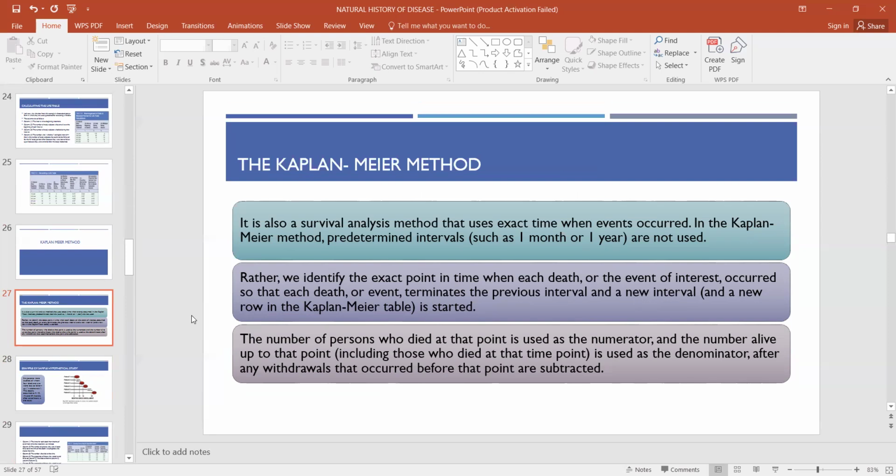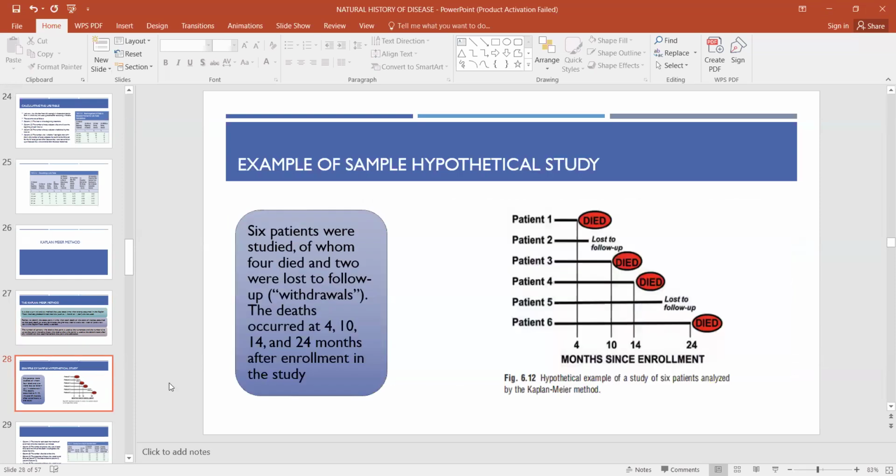Rather, we identify the exact point in time when the death or event of interest occurred, so that each death or event terminates the previous interval and a new interval, and a new row in the Kaplan-Meier table, is started. The number of persons who die at that point is used as a numerator, and the number alive up to that point is used as a denominator, after any withdrawals that occurred before that point are subtracted.